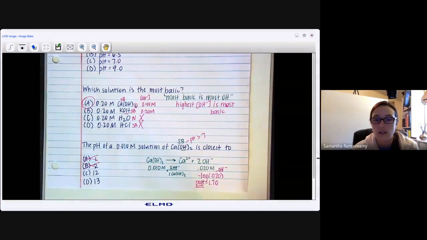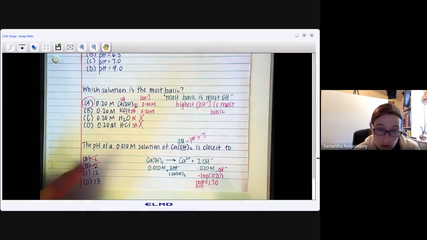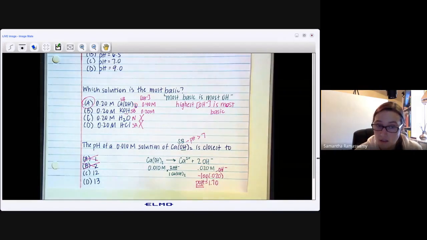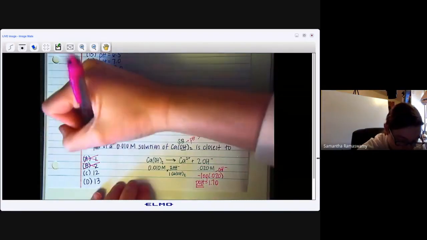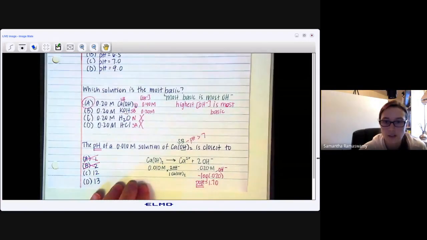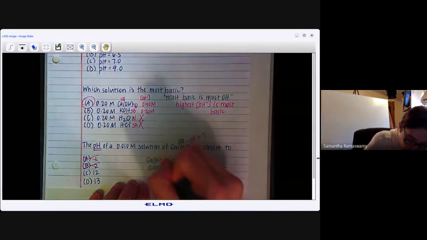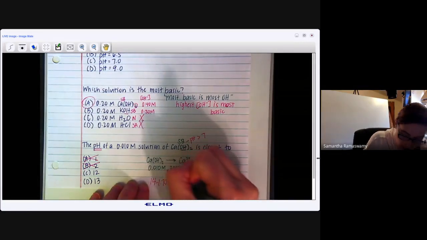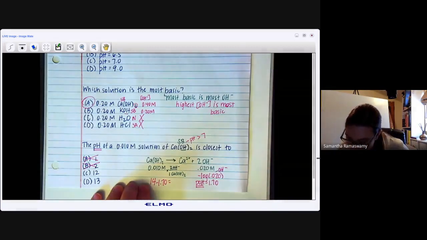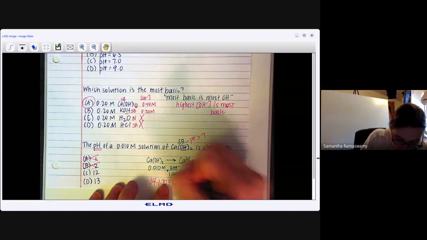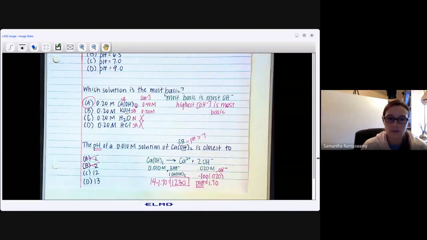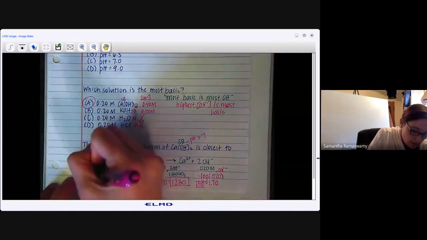I can't tell you how many people choose B. We already eliminated B. That can't be an answer. It's not an option. That's because this is pOH. The question wants pH. 14 minus 1.7 is 12.3. 12.3 is closest to 12.